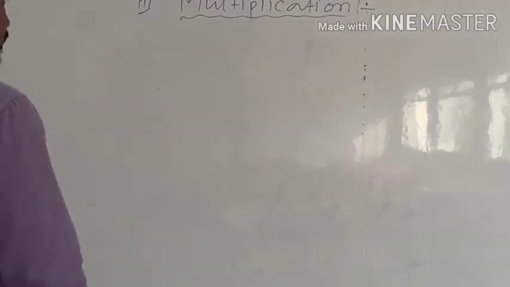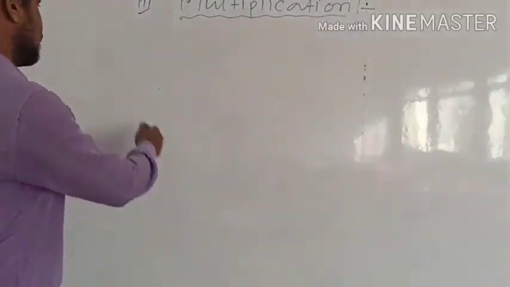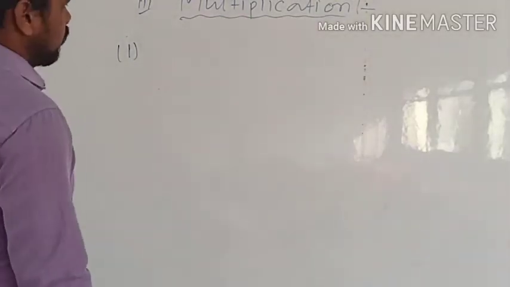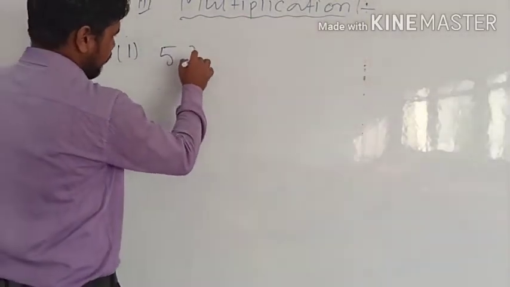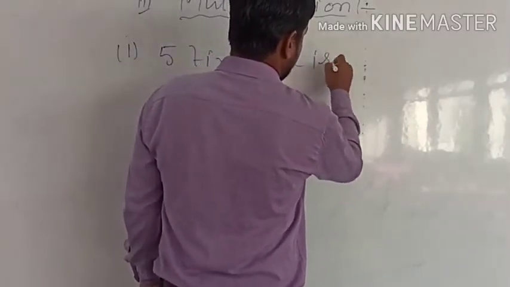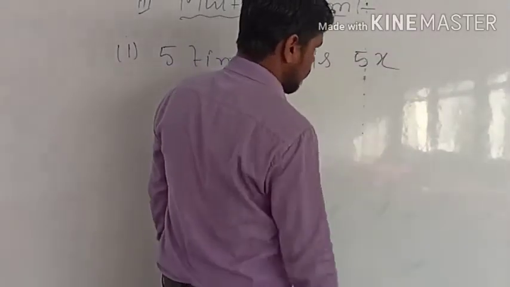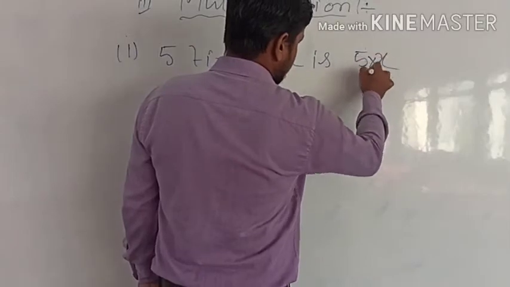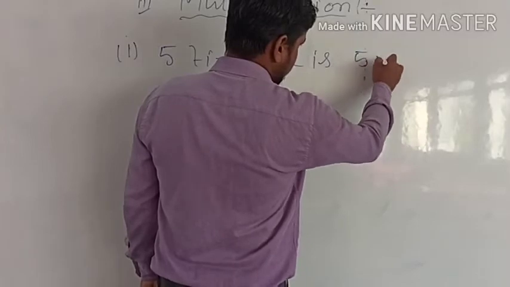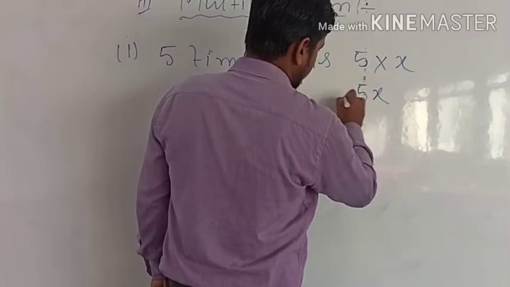Next we have the third operation, which is multiplication. For multiplication also it is very easy. Suppose 5 times x. So 5 times x is how much? 5 into x, 5 multiply x, or you can write it as 5x.